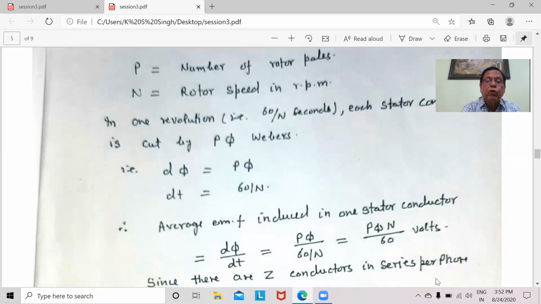seconds. So the average EMF induced in one stator conductor, the rate of change of flux, is equal to d phi by dt.